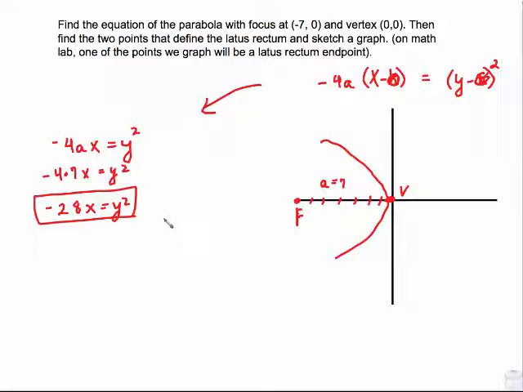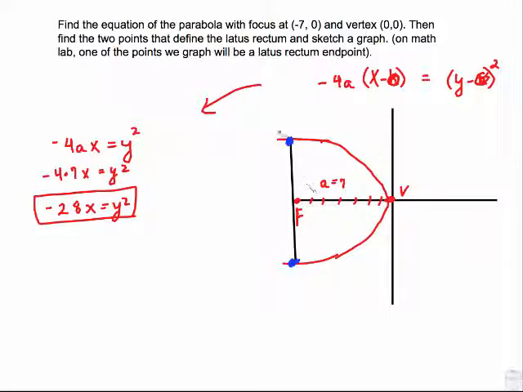The next thing is to come up with the latus rectum. Now the latus rectum goes through the focus. I should have continued this a little bit more. Goes through the focus. And I'm looking for those ordered pairs. Well, if this is a distance of 7, now notice which way it is.